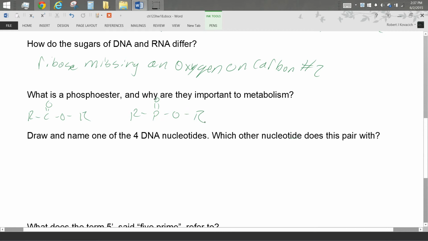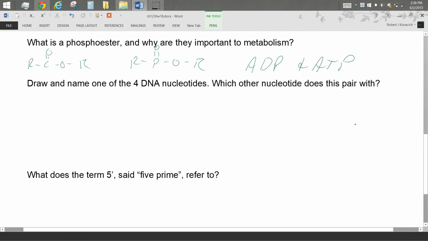The carbonyl carbon's been replaced by a phosphorus, or a phosphorus double bonded to oxygen. And why are these guys important in metabolism? That bouncing back and forth between ATP and ADP, that's a phosphoester bond. So the base adenine turns into ATP when I put 3 phosphate groups onto it.